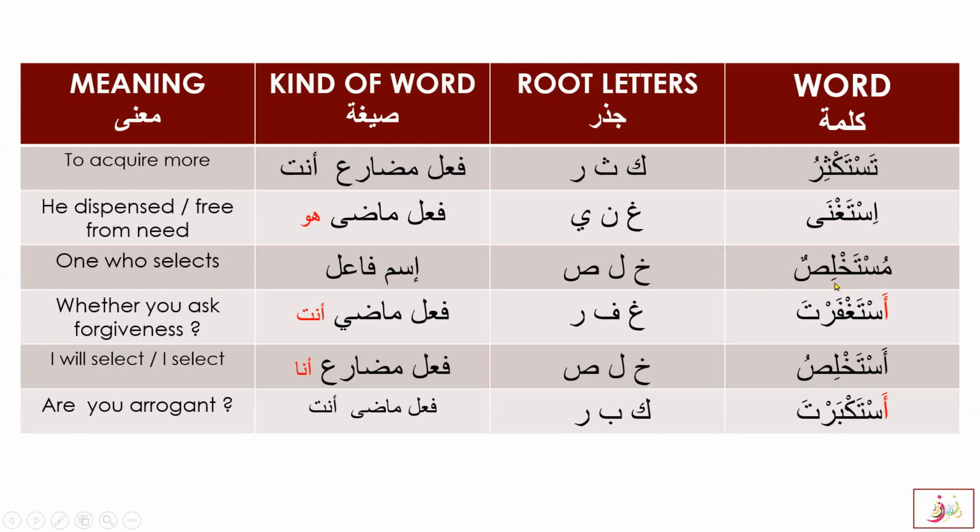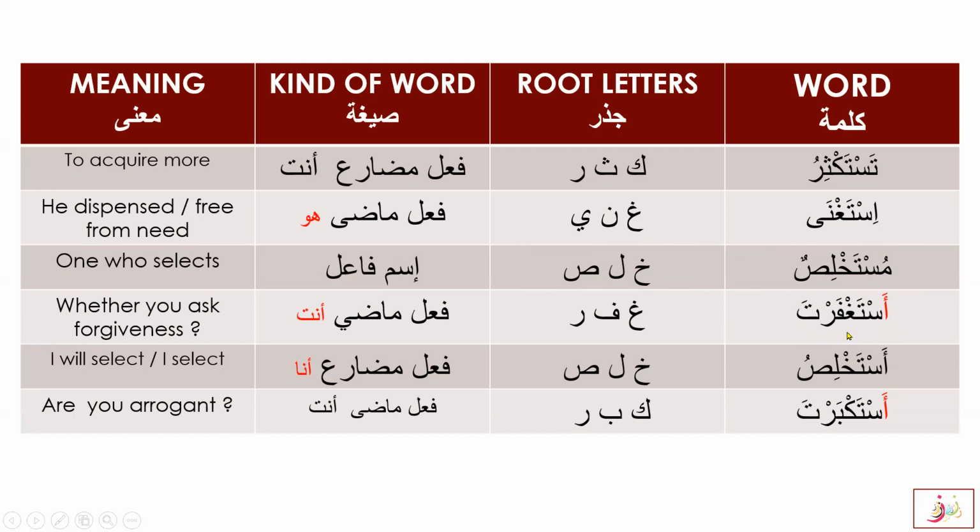If there is a fatha, then we know that this is ism maful. So mustakhlisun is the one who selects. It is ism fa'il, and you need to drop all the extra letters, and you can find out what the root letters are. And here the kha, lam, and swad are the root letters.